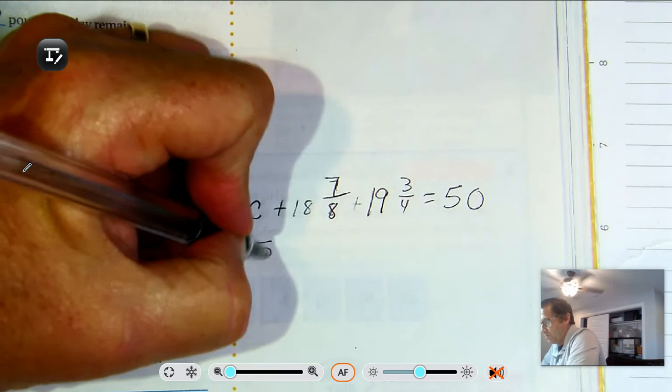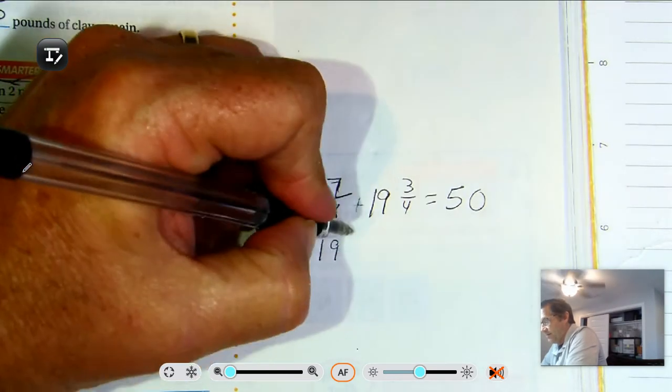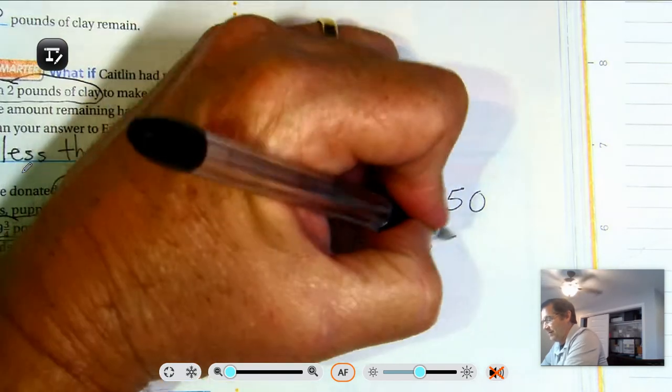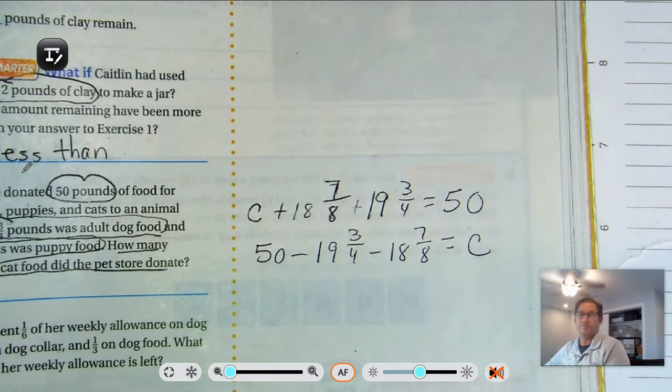Well, we can just work backwards then. 50 minus 19 3/4 minus 18 7/8 equals the cat food.